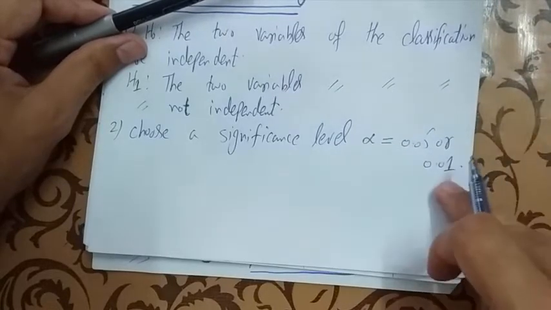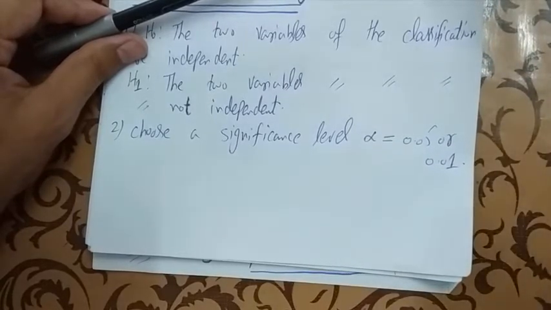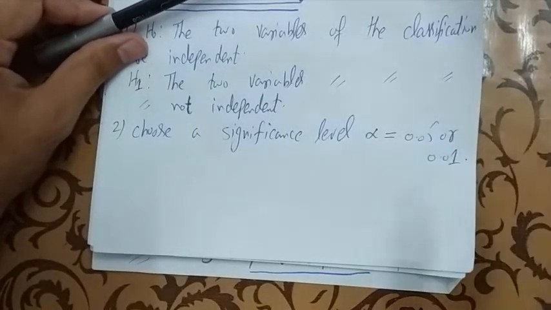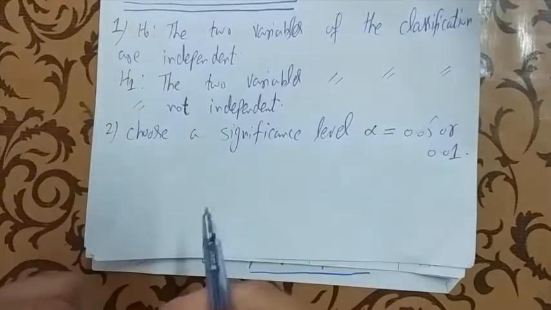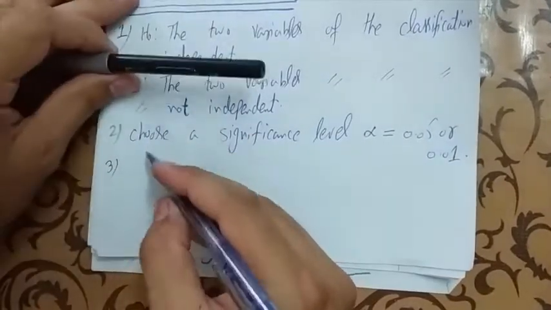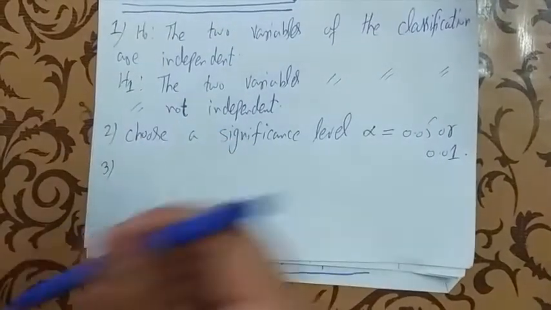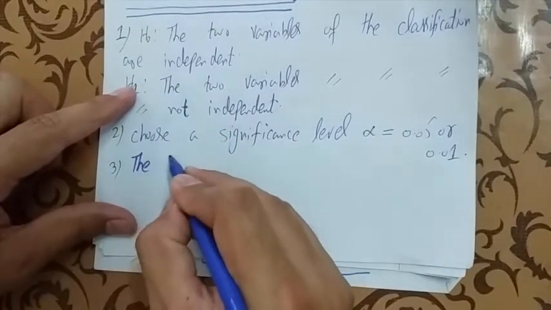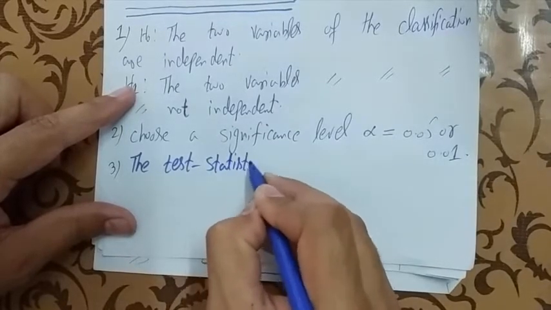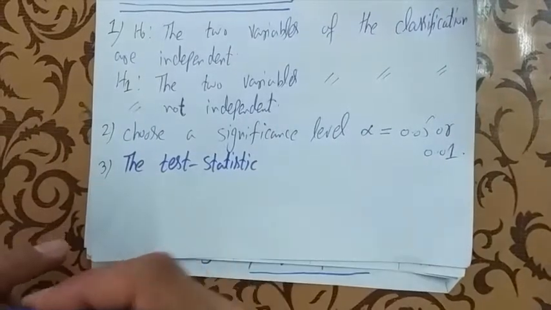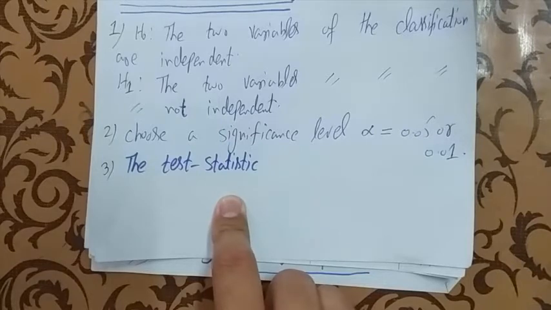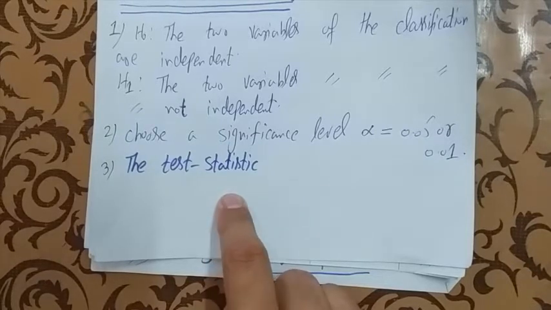If the significance level is not defined, then you choose alpha 0.05 or 0.01 on your own. In the third step, the test statistic. This step is different for every testing procedure.